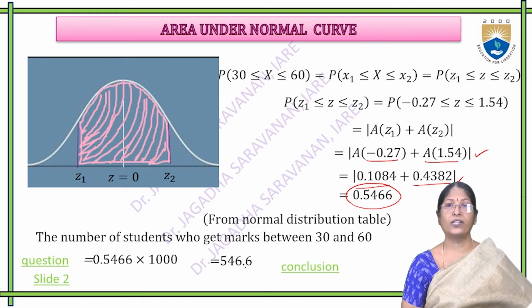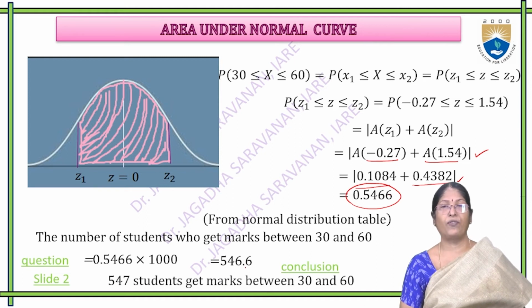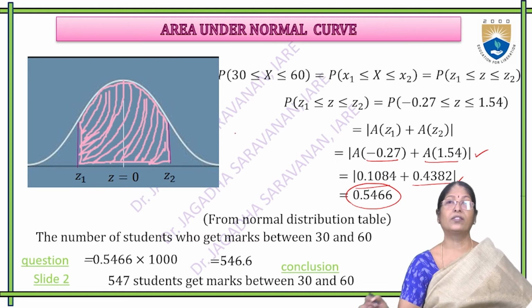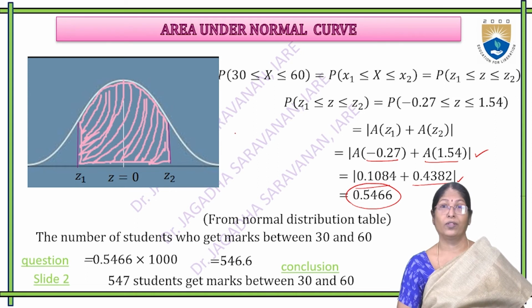So 546.6. Roughly we can say it's 547 students. So 547 students got between 30 and 60 marks using this normal curve. Using the change of scale in a very simple way, among the 1,000 students, 547 is the result of those who secured marks between 30 and 60.